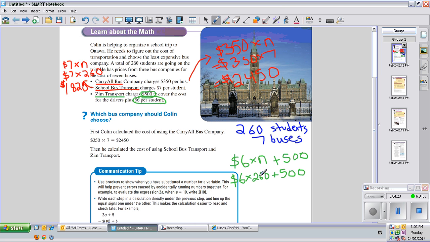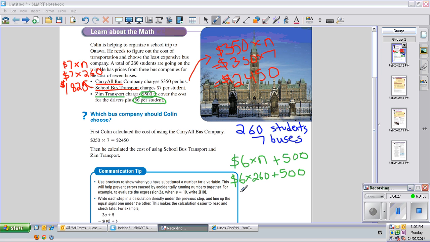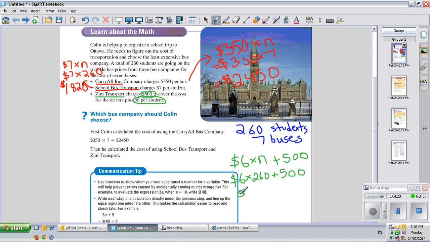So $6 times 260 equals $1,560 plus 500 would give us $2,060.